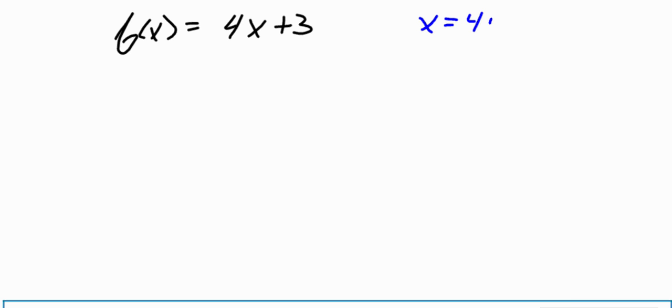All right, so from here, I want to talk about inverse functions. Let's review a little bit of how to find an inverse function. For example, if I'm given that a function is 4x plus 3, we want to find its inverse. We switch the x and y, so I have x equals 4y plus 3, and I solve for y.